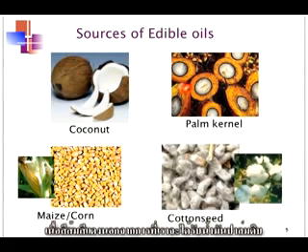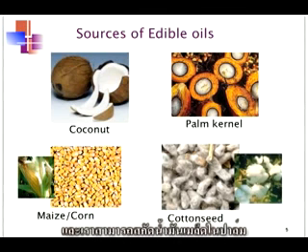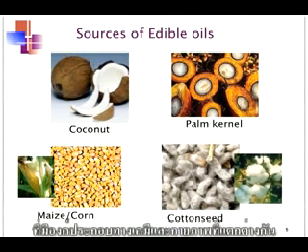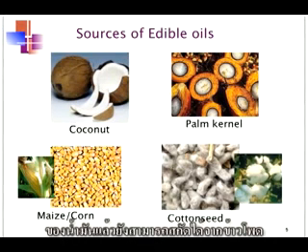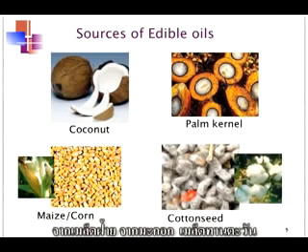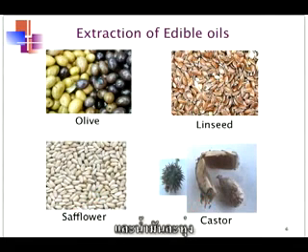The red, the orange flesh outside is where we can get the crude palm oil, and the white flesh inside is actually the palm kernel, and we can extract the palm kernel oil, which has different physical and chemical composition from the palm oil part. Then oil also can be extracted from corn, from cotton seed, from olive, linseed, sunflower, safflower, and from castor oil.